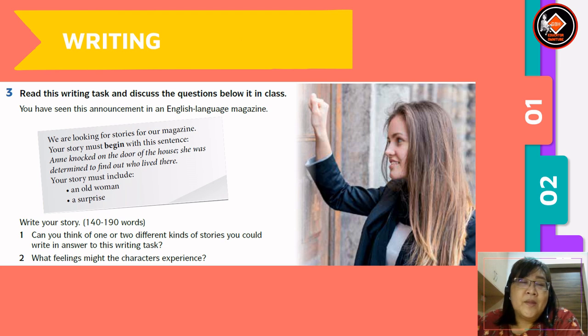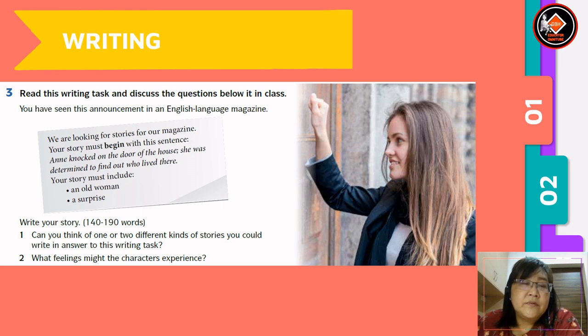Now for number 3. Read this writing task and discuss the questions below in the class. You have seen this announcement in an English language magazine. We are looking for stories for our magazine. Your story must begin with this sentence: Anne knocked on the door of the house.